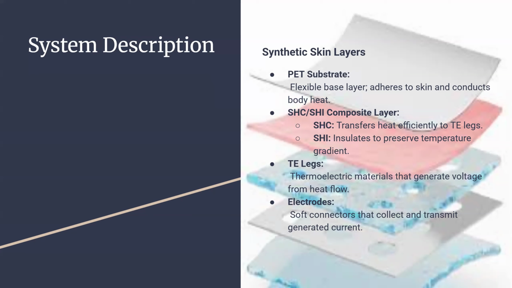Then we have the SHC and SHI composite layers, which are used to transfer the heat to the TE legs and insulate the temperature so that we have a consistent temperature. We're not losing excess heat inside of the material. The TE legs are thermoelectric materials that generate voltage from heat flow, and the electrodes collect and transmit the generated current. So these five layers allow our synthetic skin to theoretically generate energy.